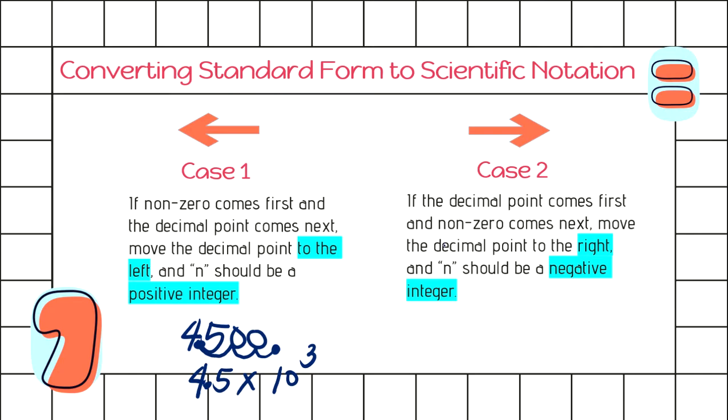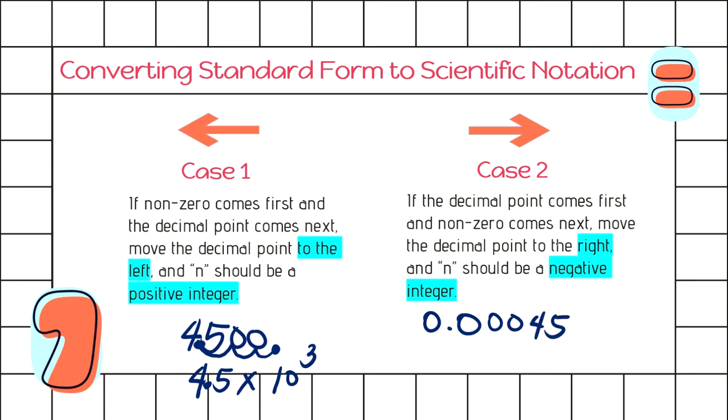In our case 2, if the decimal point comes first and the non-zero comes next, we have to move the decimal point to the right, and our n, or our exponent, should be a negative integer. In this case, we have 0.000045.